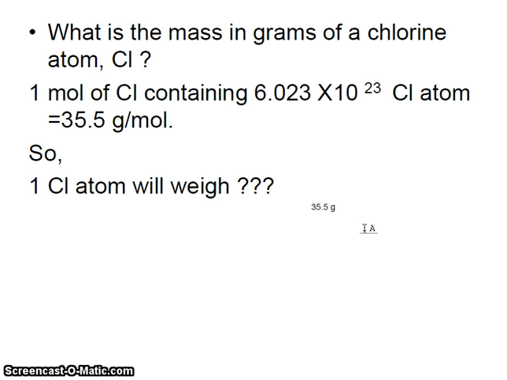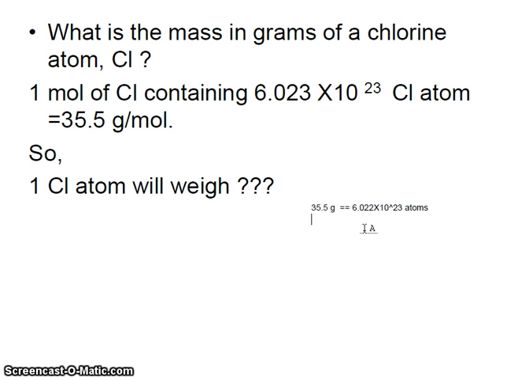So you can say that 35.5 grams correspond to the Avogadro's number, 6.022 times 10 to the power of 23. And if you have one atom only, how much will that weigh? All you have to do is divide the 35.5 grams by the Avogadro's number, and you will have your answer in grams per atom.